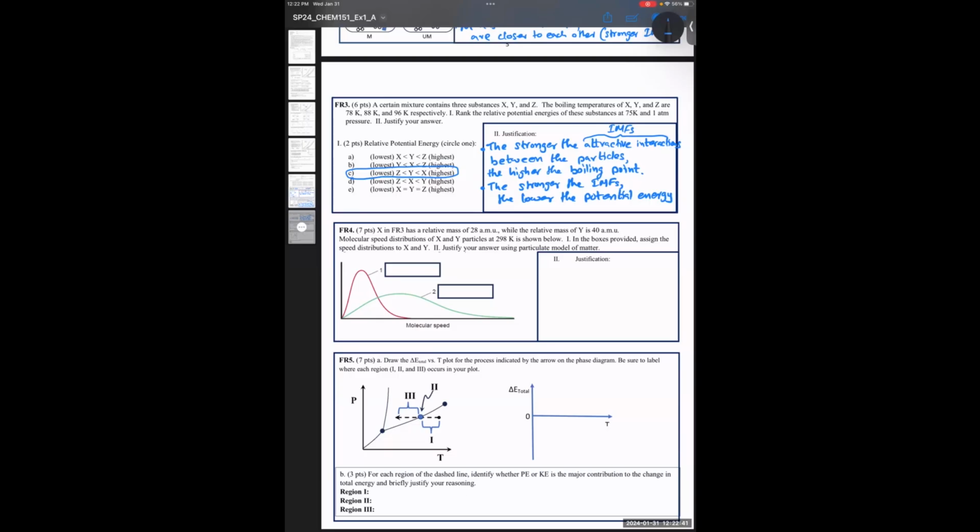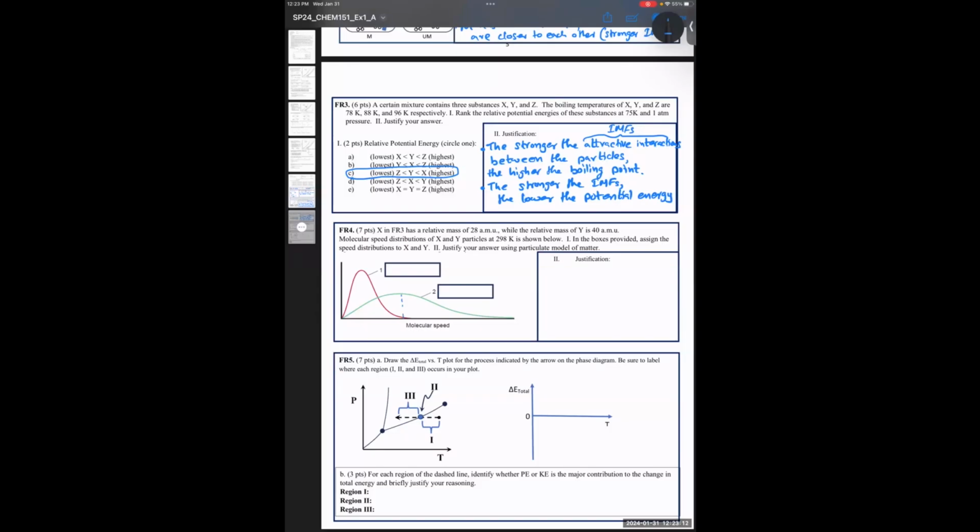Now, they are the same temperature, meaning they have the same average kinetic energy. If that is the case, the particles with lighter mass must be moving faster and vice versa. So X particles have a lower relative mass, 28 AMU, meaning it should have a higher average speed. So the average speed for 2 is higher.